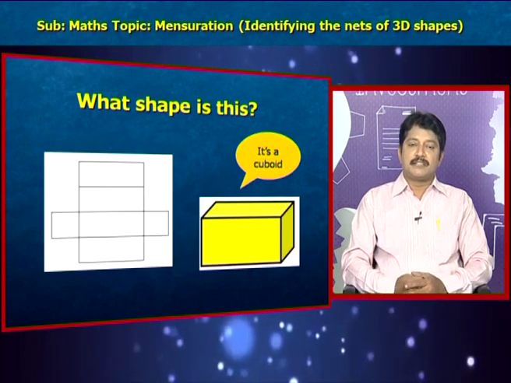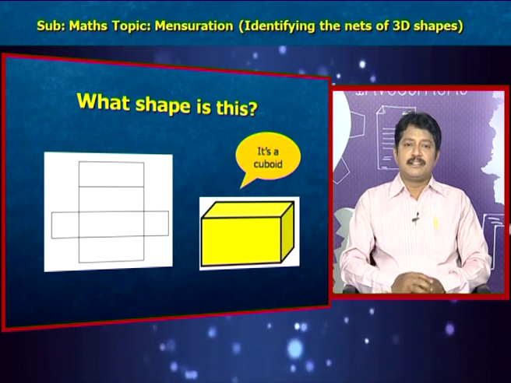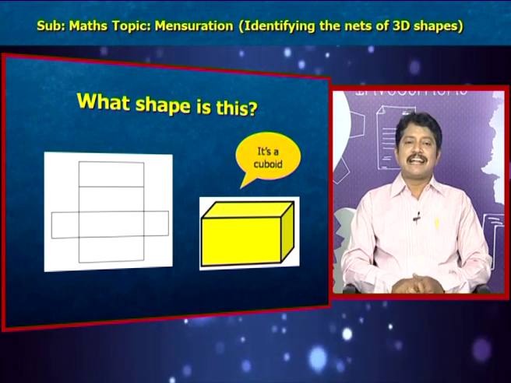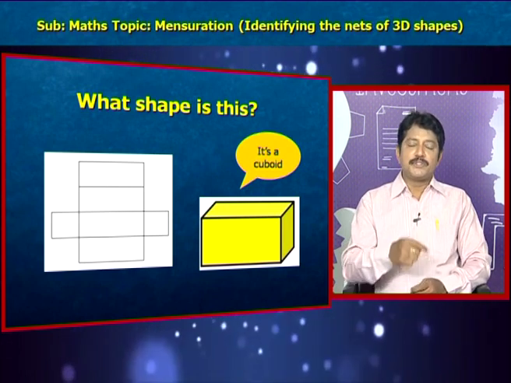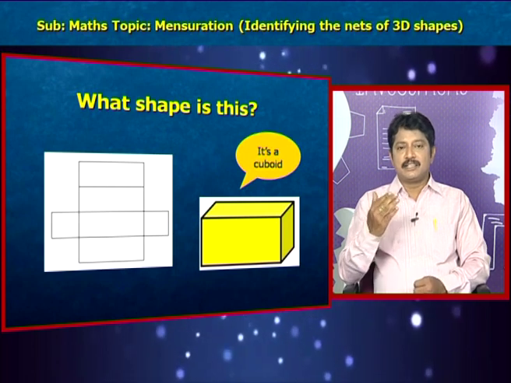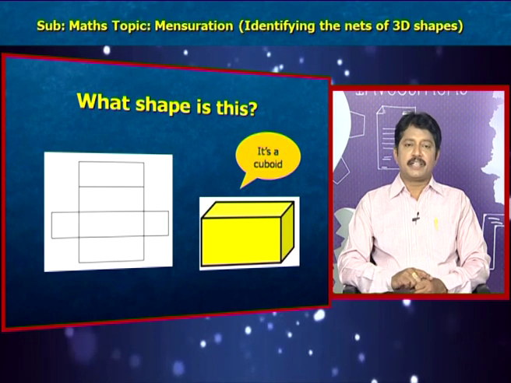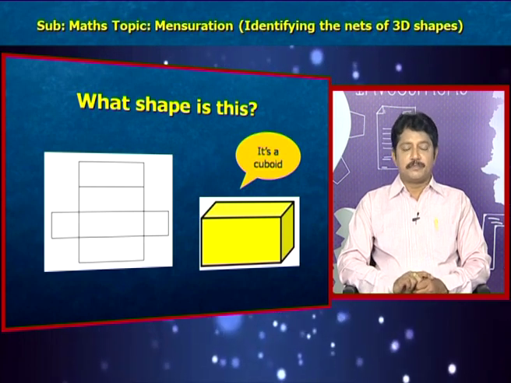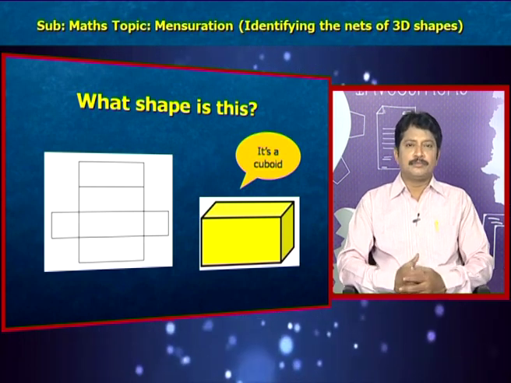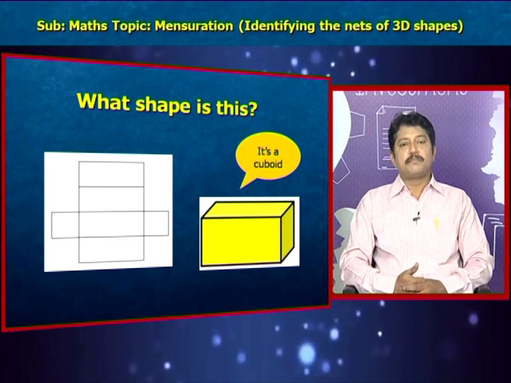What shape is this here? Here all are mostly rectangular shapes, correct. If you see vertically, there are 4 rectangular shapes, and when you take the outside, it is in the square shape, correct. Can you imagine what shape this is?